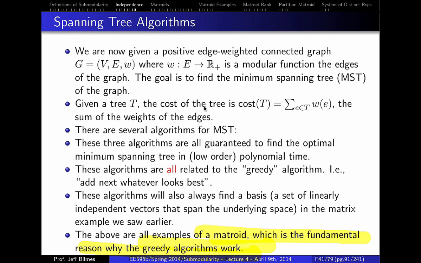I mean, there may not be directed paths. So the directedness, well, let me first say this. The directed stuff that we're doing and adding to the graph is stuff that we're adding in order to be able to turn it into a matrix for which we can look at linear independence. But in general, we're not actually paying attention to the directedness, other than essentially to give us linear dependence.